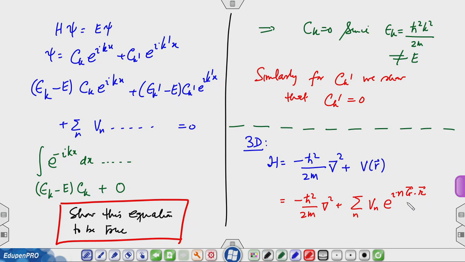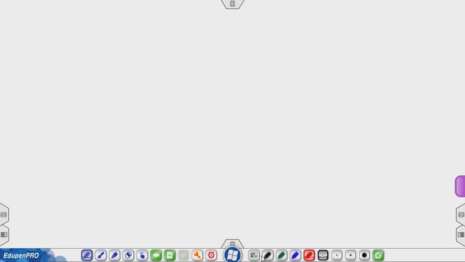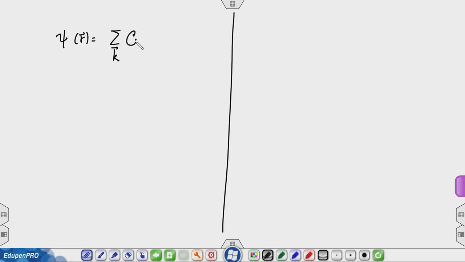N g gives you all different kinds of vectors. So, now I am going to take, again I argued that k and k prime have to be differing only by a g, but I am going to take psi r to be summed over some k's c k e raised to I k dot r. And hopefully by now, through the previous lecture and this, you understand that I can make the expansion of the wave function in terms of plane waves.